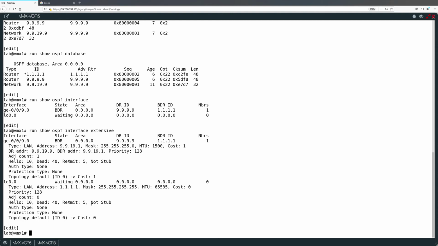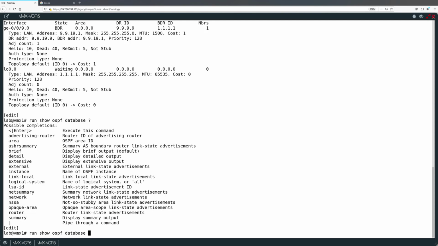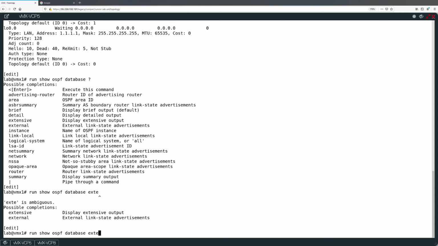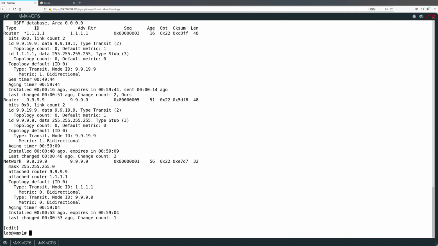When you bring in another area, you would also see more LSAs, which we are going to do next. So I'm doing an extensive on the interfaces. We are just looking at the adjacency count, the hello and dead timers, and how they are negotiated. Let's do a database extensive as well and see if we can pick up any good information there. Even in the extensive database, we see each and every LSA, the metric, that it's bidirectional, the aging timer and so on, right?